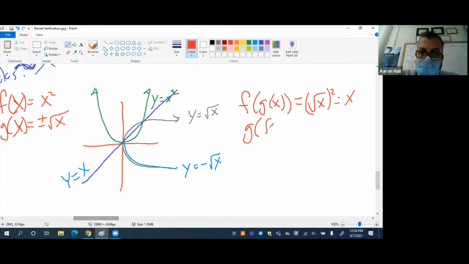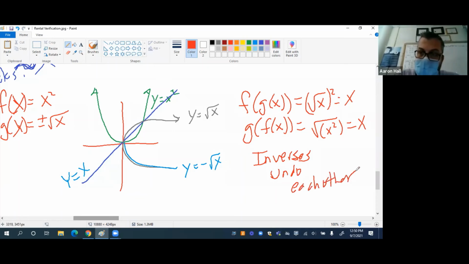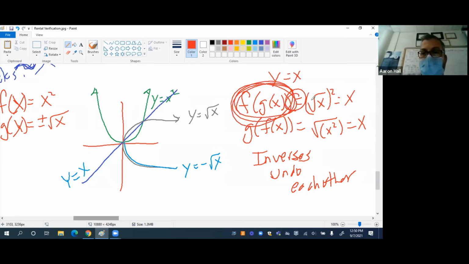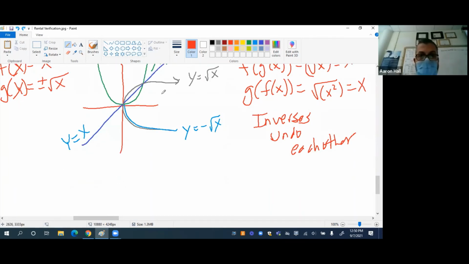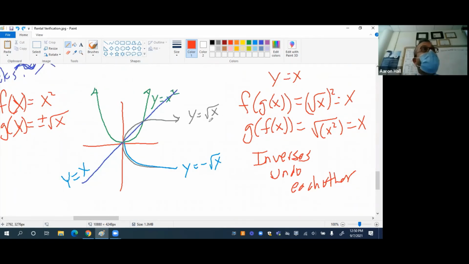And g of f of x is also going to give me x. Inverses undo each other, and we're left with y equals x. That's a really important connection for the direction we're going. Hopefully this is a review, because I'm going through a lot of stuff really quickly.